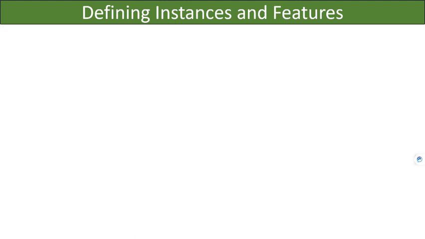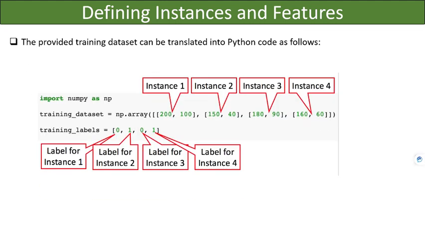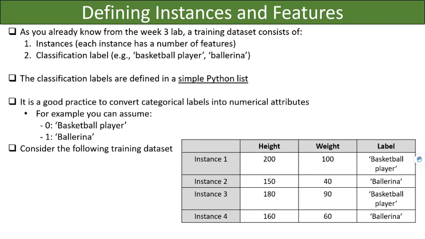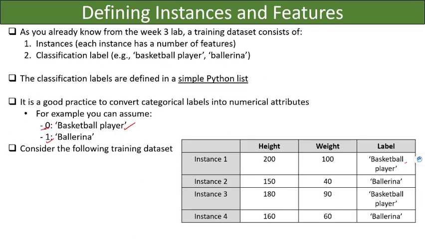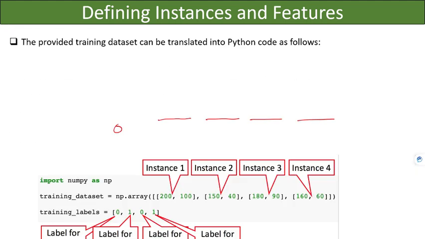We will see the example which is given here. You can see instance 1, instance 2, instance 3, instance 4. And what is this? 0. What we assumed in the previous slide is that 0 represents basketball player and 1 represents ballerina player. So 0 1 0 1, and the same approach we will use to represent our code.